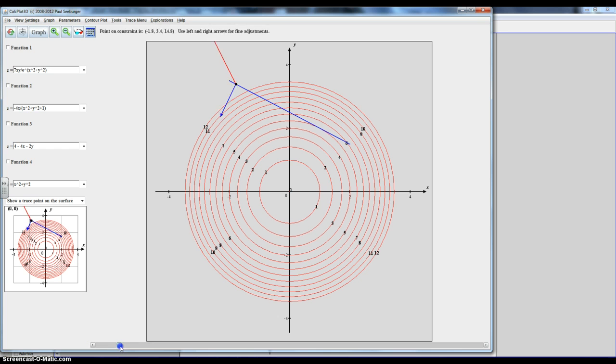And here is the contour plot of the functions f and g, and as you see, as we move it around, you see the gradient moving.